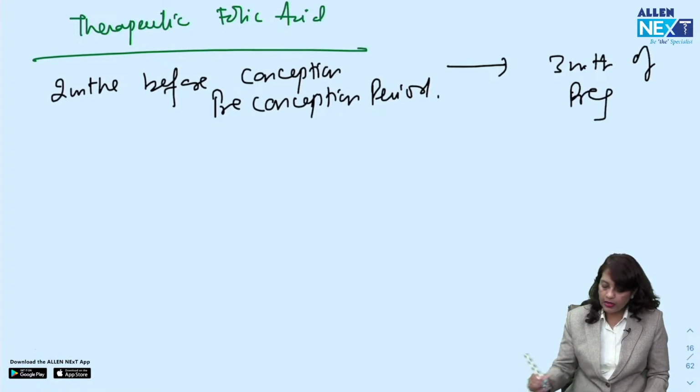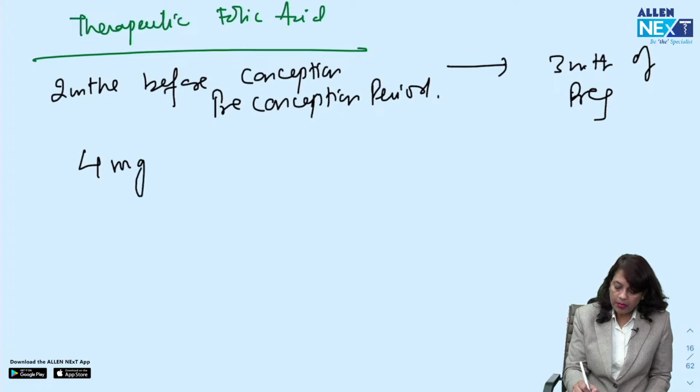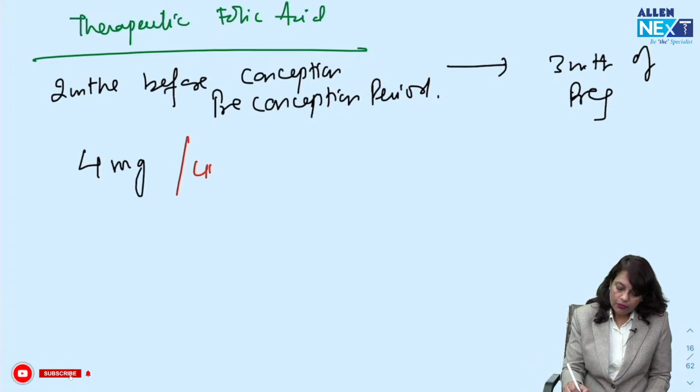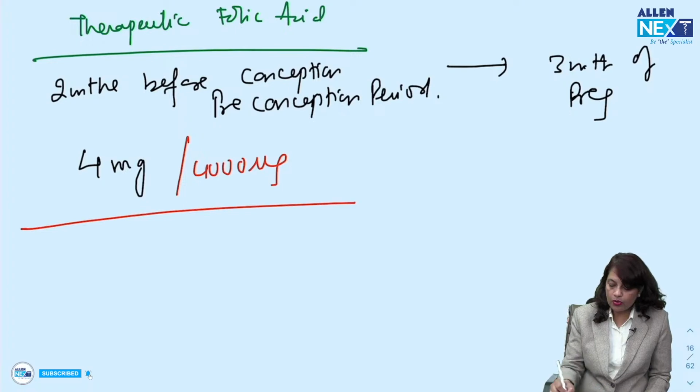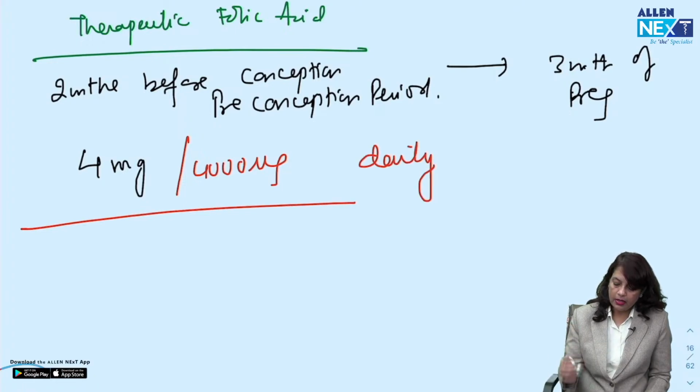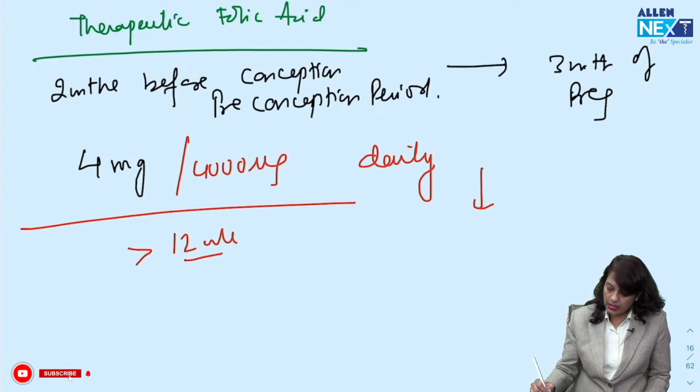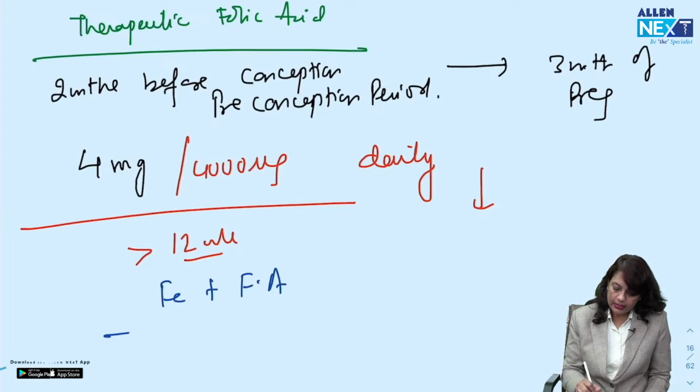Okay. So what is the dose? 4 milligram, that is 4000 micrograms. She should take it daily. Now after the 12 weeks are over, then she is supposed to be given iron plus folic acid.